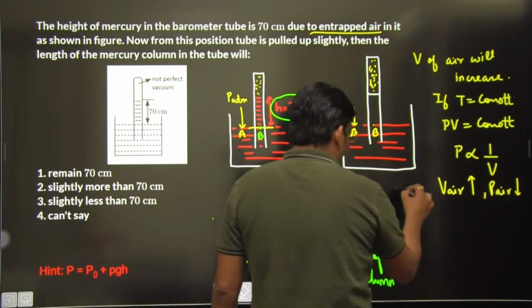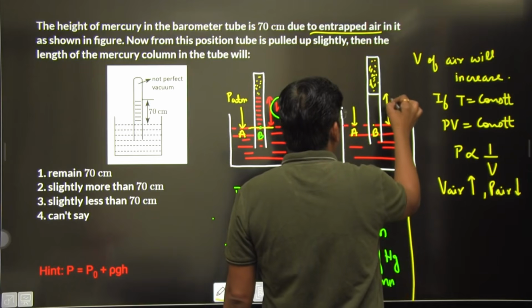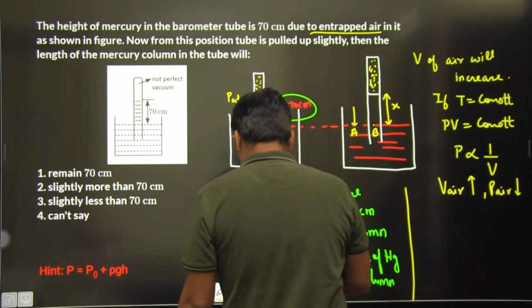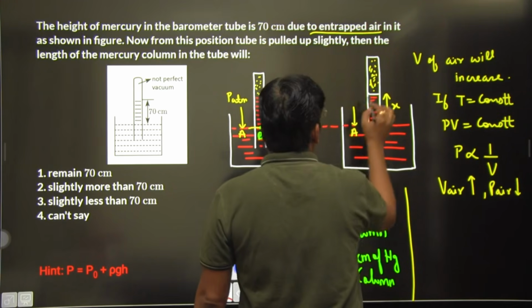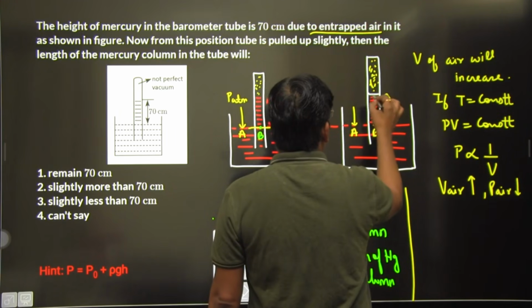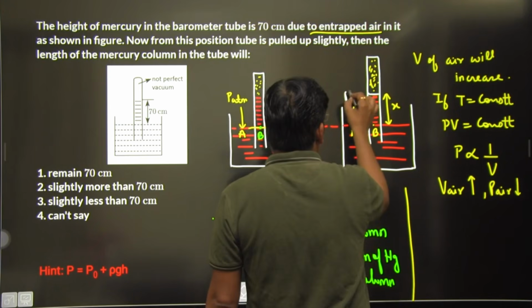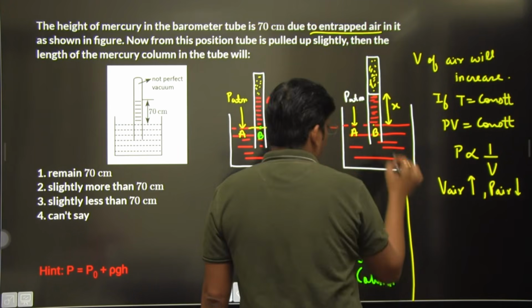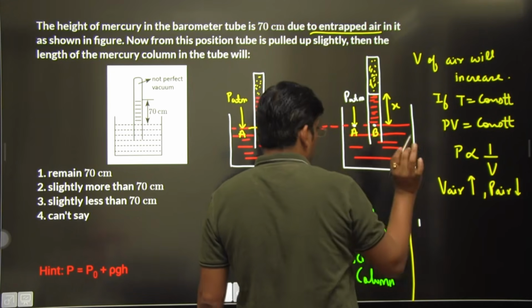So again, there is some x centimeter of mercury column, right? Now you know that at point A, dear students, we have atmospheric pressure, and pressure at A and B must be equal for equilibrium. True.